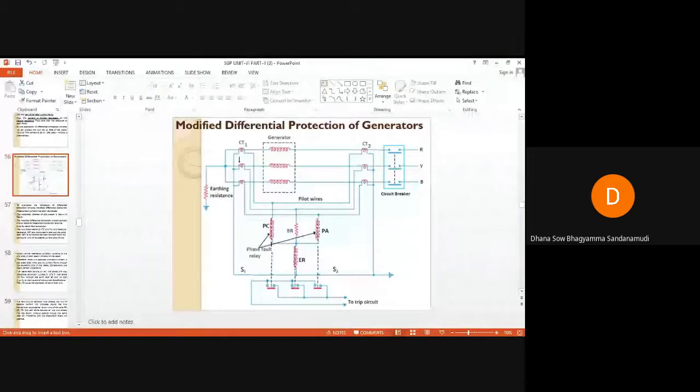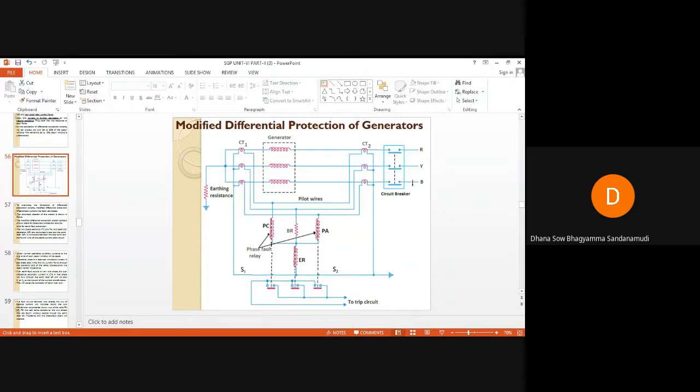So the EMFs induced across the secondaries will remain the same, and the currents flowing through the pilot wires due to these EMFs will be equal and opposite. Hence no current will flow through the phase fault relay or the earth fault relay. The relays remain inoperative, hence the trip circuit is open and the circuit breaker is not closed. You can see the moving contacts and fixed contacts of this three-phase circuit breaker.